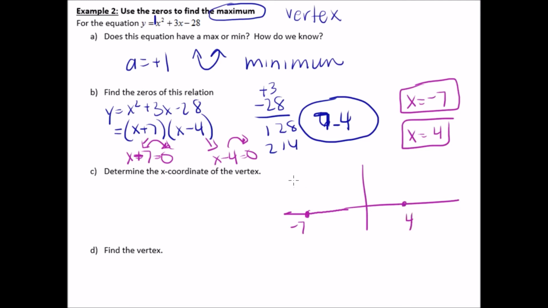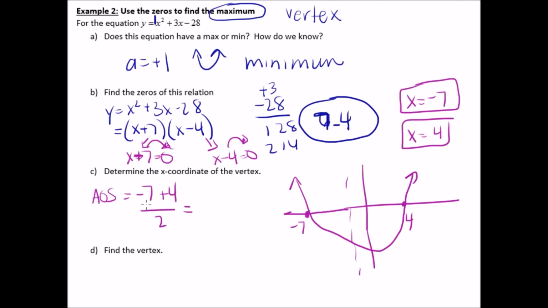So negative 7 and 4, and again, yes, it opens up, so that's going to be fine. We have to find this equation of axis. So we're going to average negative 7 plus 4 and divide it by 2. Okay, and negative 7 plus 4 is going to be negative 3 over 2. If you want that as a decimal, just so it's a little bit easier, negative 1.5.